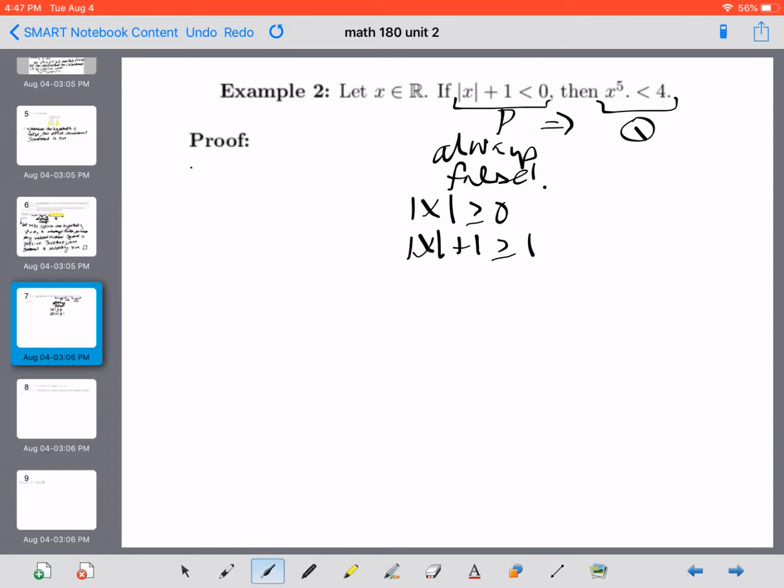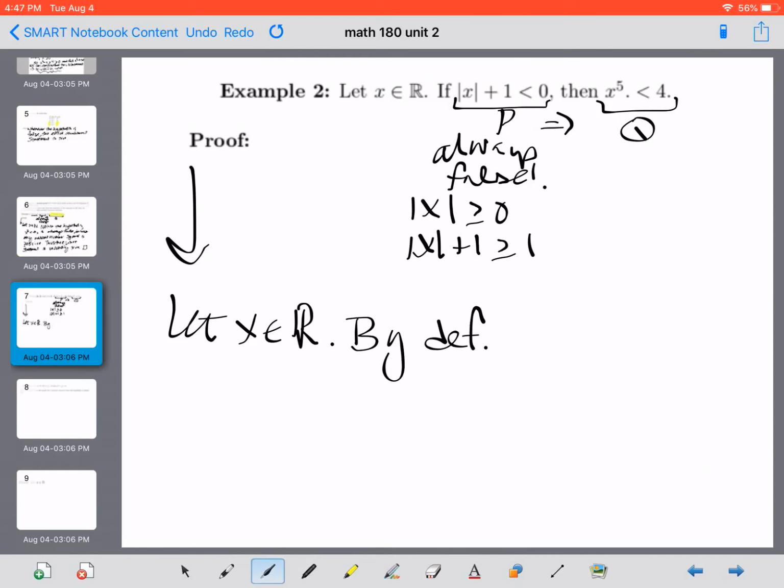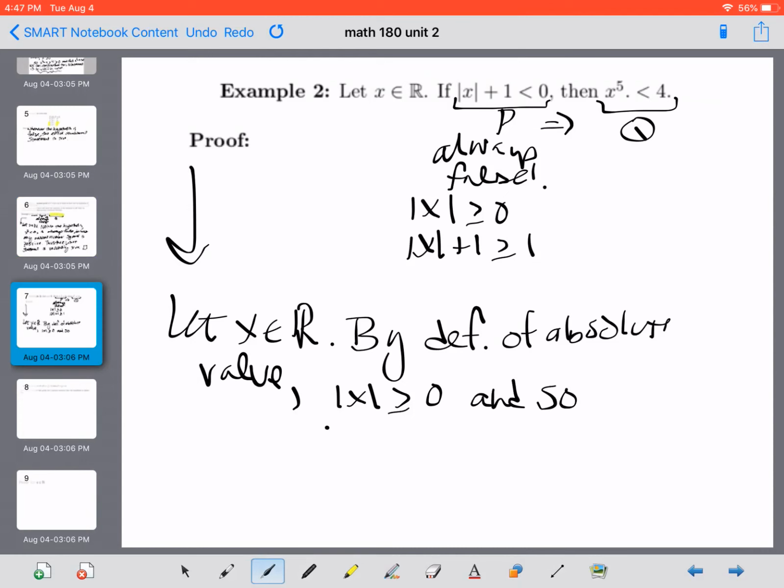So our proof's going to look like this: let x be an element of R. By definition of absolute value, we know that the absolute value of x is greater than or equal to 0, and so adding 1 to both sides, we get that the absolute value of x plus 1 is going to be greater than or equal to 1.